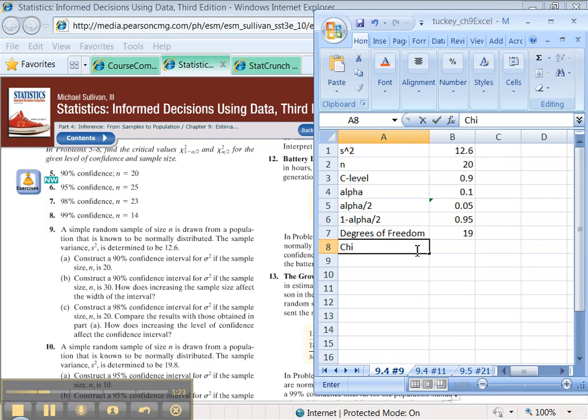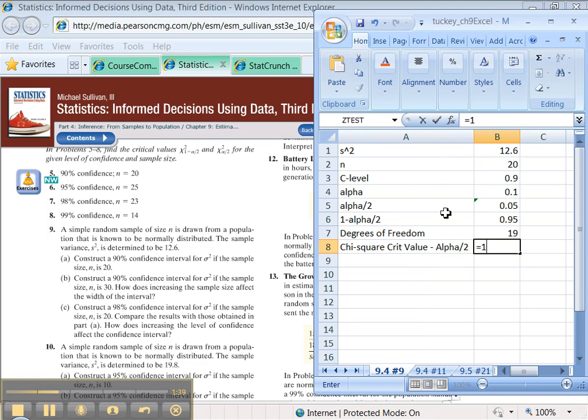All right, then we need our chi-square critical value. So we need the crit value for alpha over 2. That's going to be equal to chi inverse. Probability is the alpha over 2, that's this one, 0.05, comma, degrees of freedom, 19.